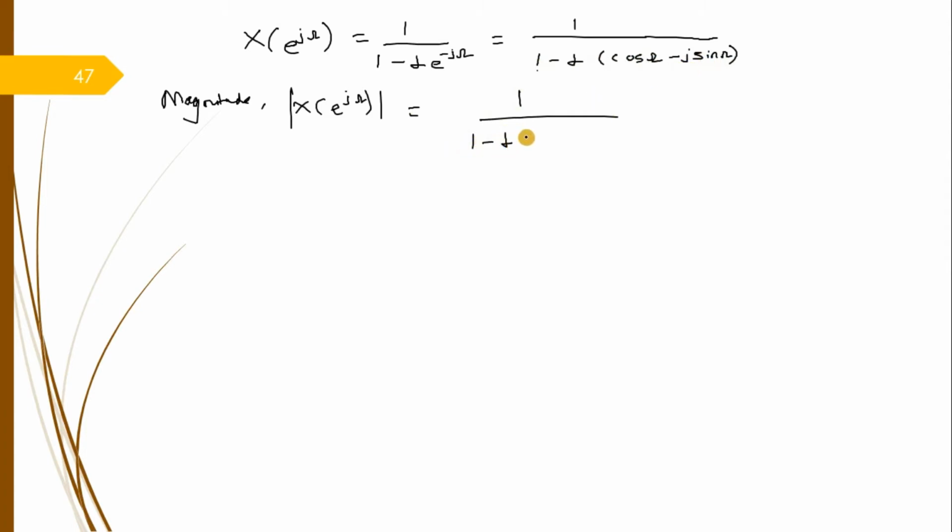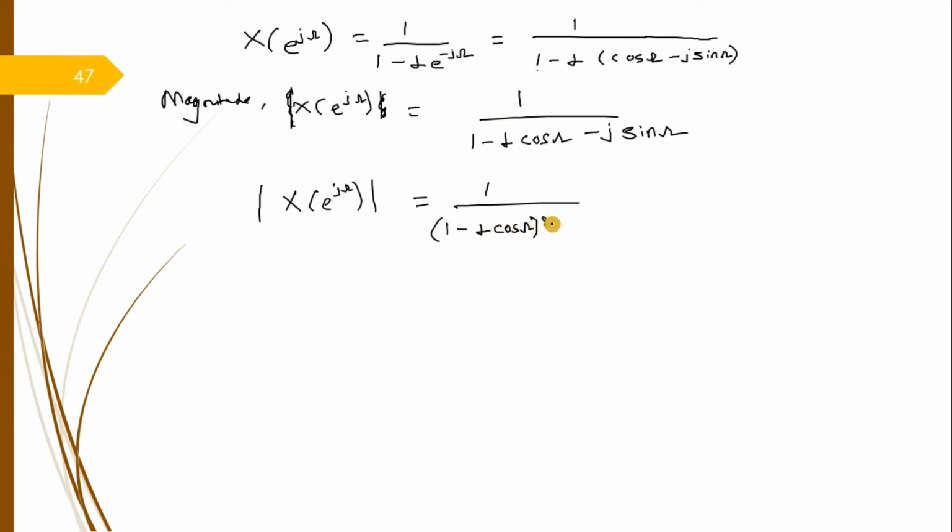So 1 minus alpha cos omega is the real quantity, and minus j alpha sin omega is the imaginary quantity. Still I have not taken the magnitude, so let me take the magnitude here. The magnitude is computed as the square root, squaring the real and the imaginary parts separately.